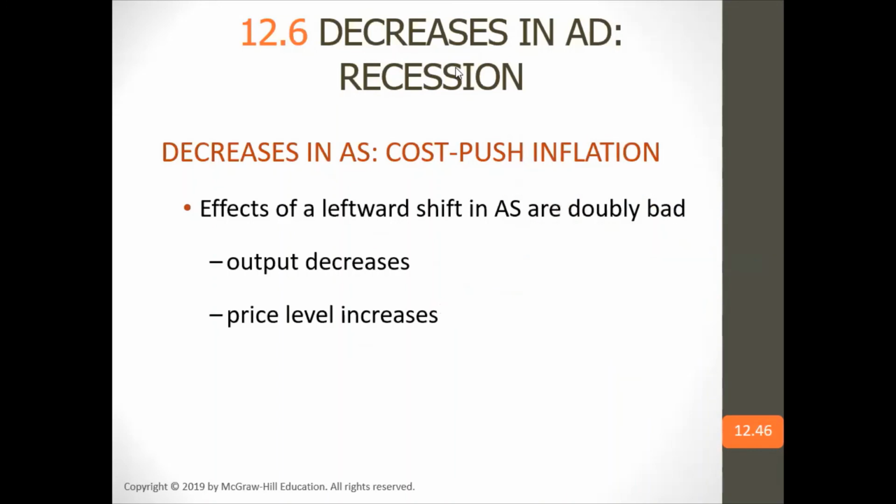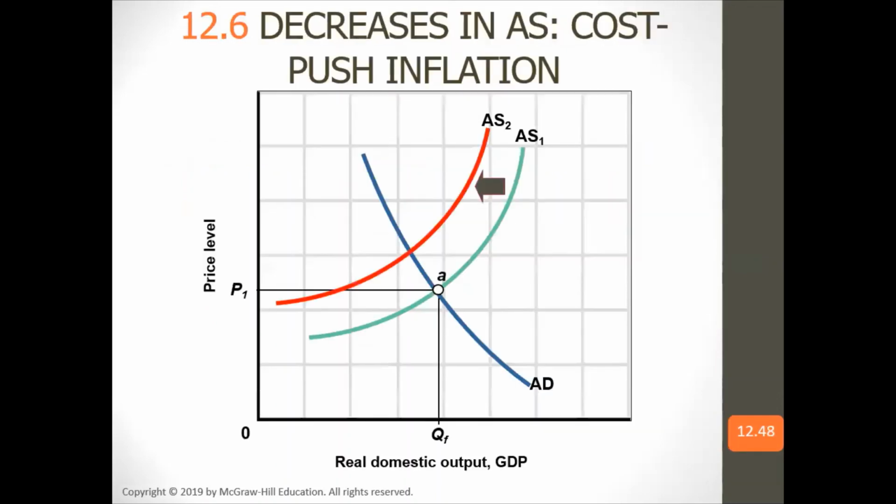So the effects of a leftward shift in AS are doubly bad. Output decreases and the price level increases. If aggregate supply shifts left, this is called cost-push inflation.